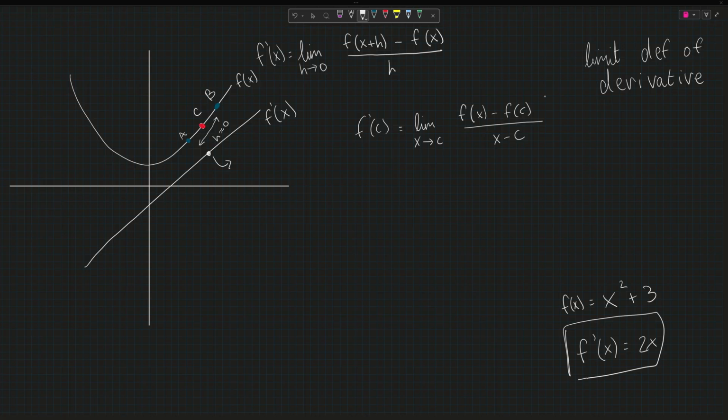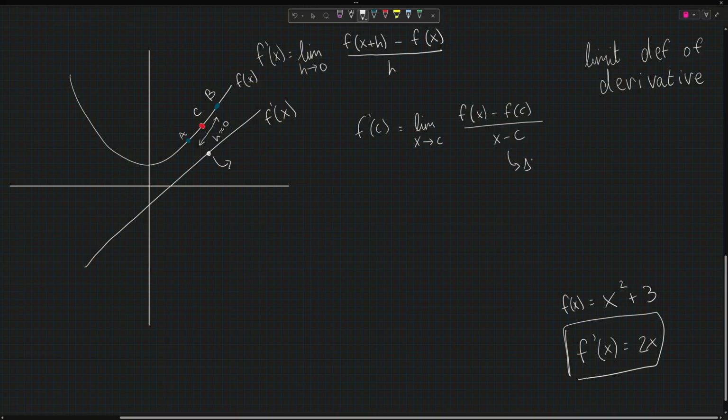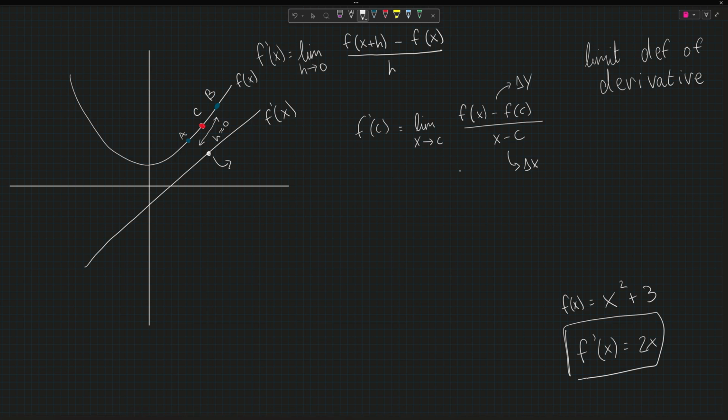So basically what changed here is this is more of your slope format. So you have the change in x over here, and you have the change in y over here. And again, it has the same problem of when x is c, c minus c is 0, and this would also equate to 0, so it's 0 over 0.